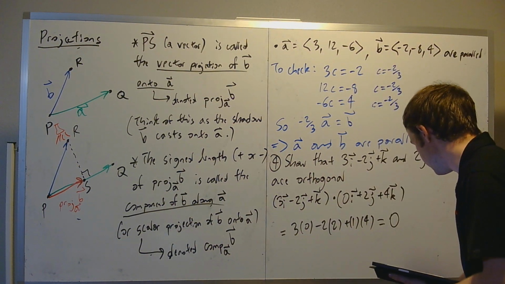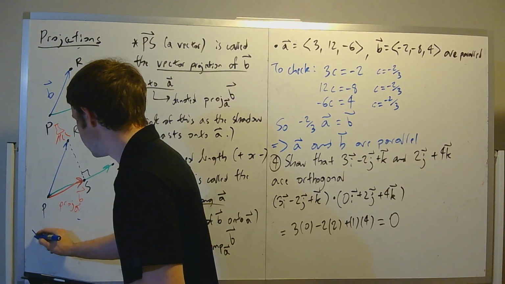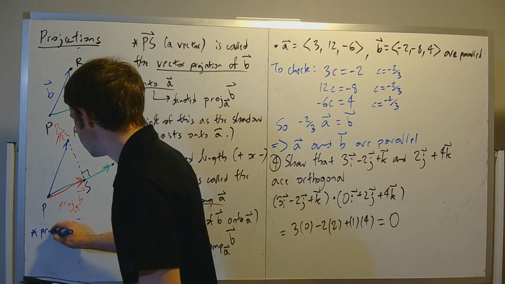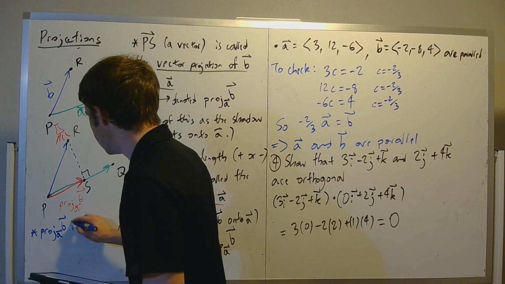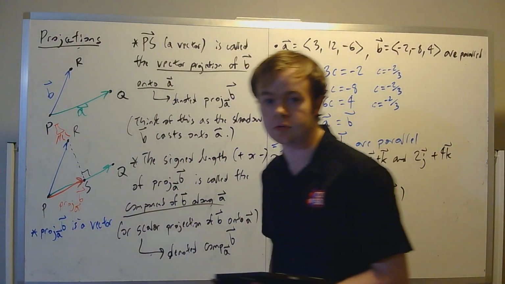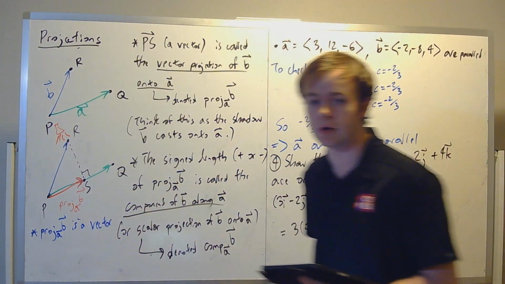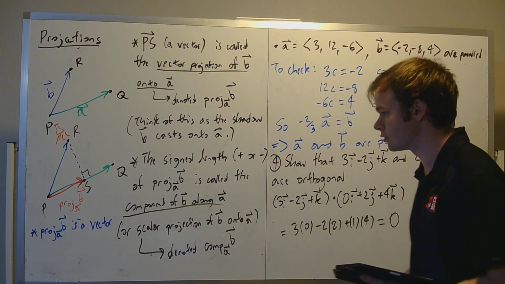So what I wrote down here is that the projection onto A of B is a vector, right? So this thing here, that was the vector, and the length of this vector is this. So that's actually a number, right? The length of a vector is a number.